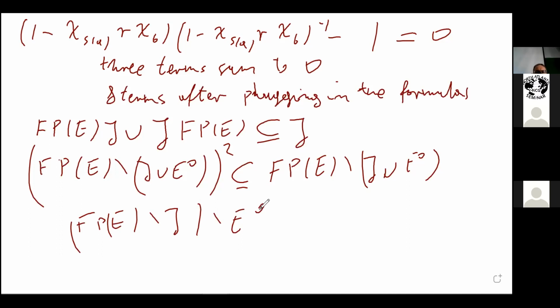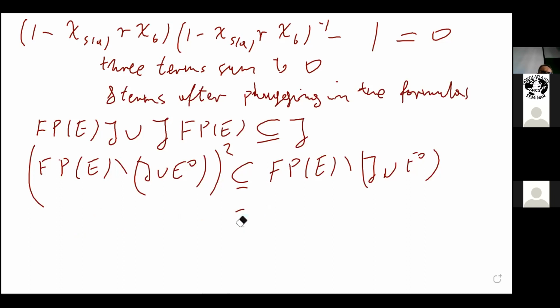So that's why this is true by the lemma. Yeah, I hope it is clear. So it is obvious by the lemma that this is contained in FPE minus J, and I claim that I can skip vertices because there is no way I can get a vertex by concatenating paths that are not vertices. And this is what I would have to do here if I remove vertices. So by the lemma, this is true.